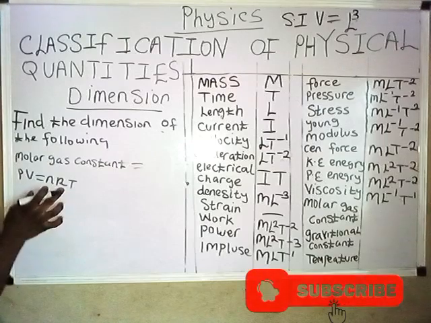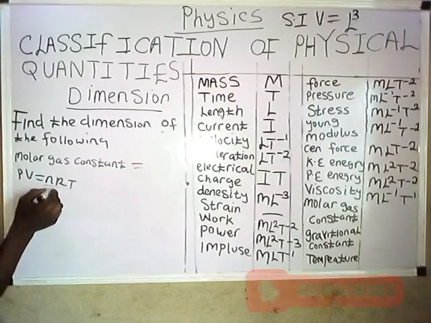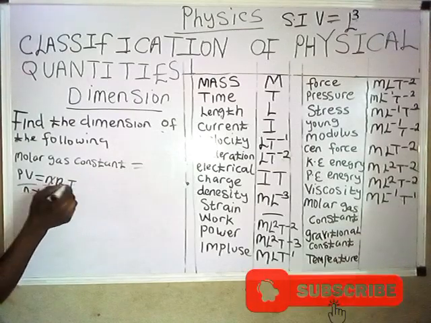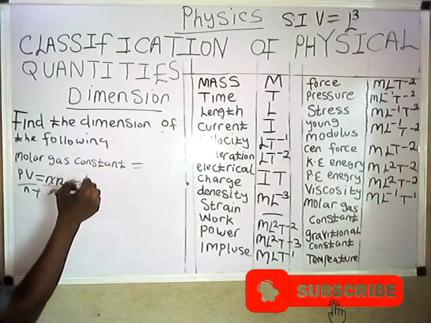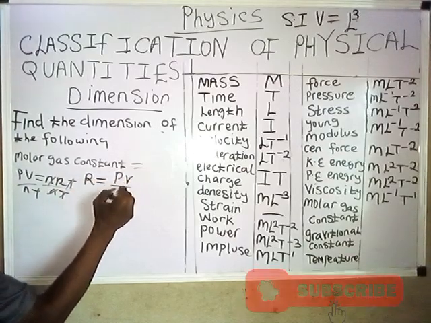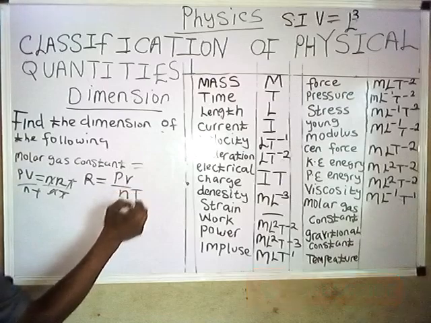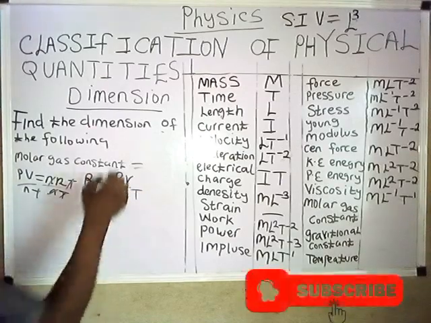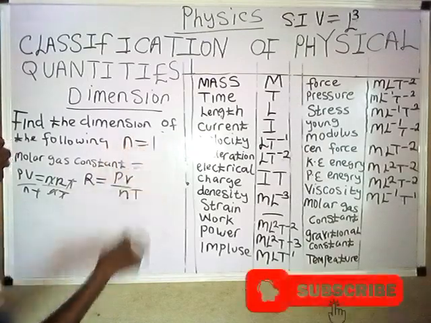Dividing both sides by nT, n cancels n, T cancels T. The molar gas constant R is equal to PV over nT. Note that the number of moles is equal to 1.